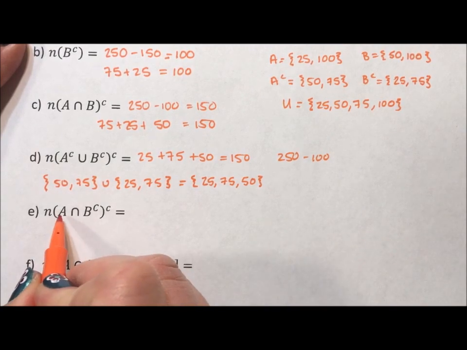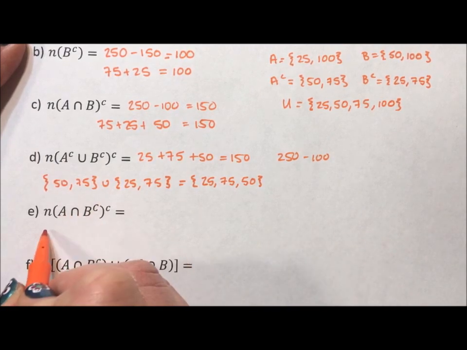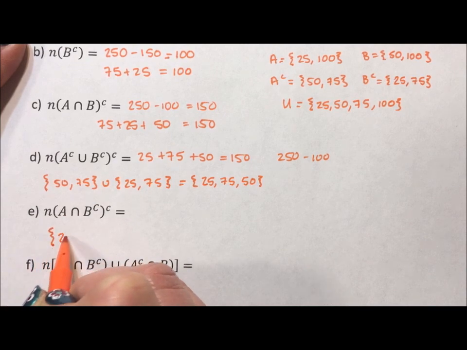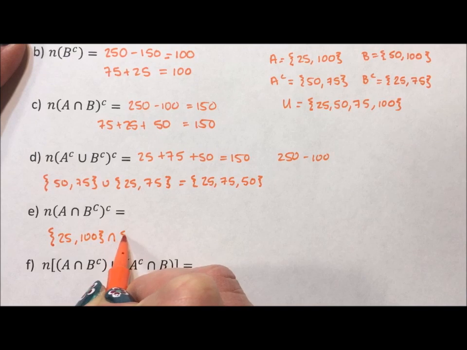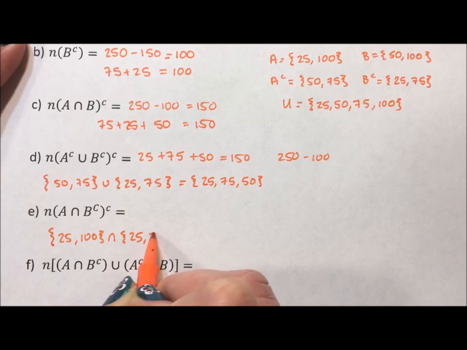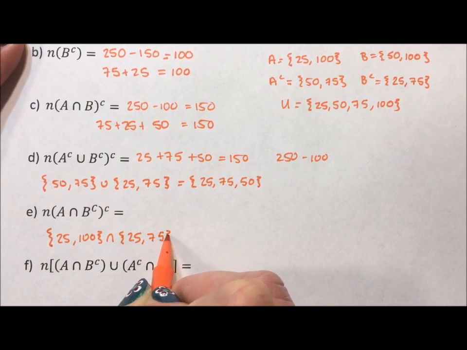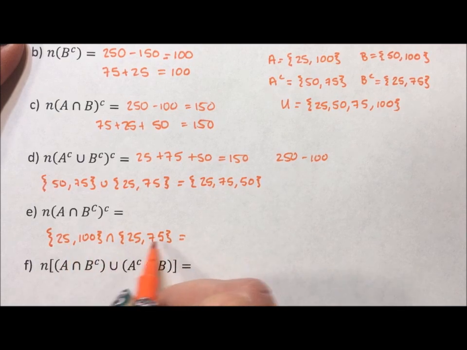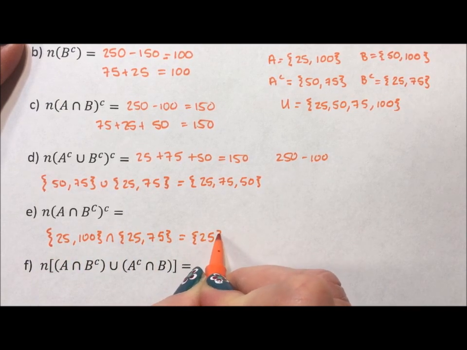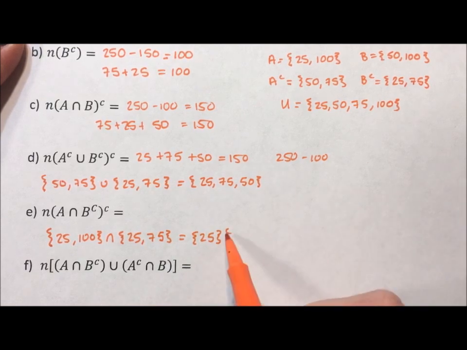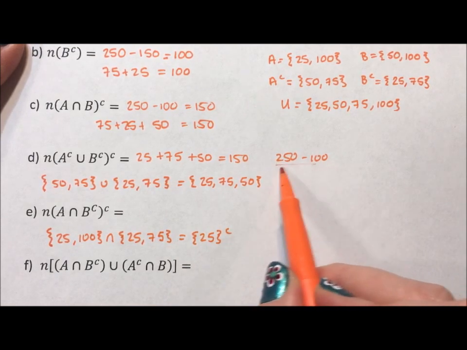Okay, A intersection B complement. So A is the 25, 100. B complement is 25, 75. The intersection of these are what they have in common. So what they have in common is 25. But I want the complement of that. Now, with the complement, it might be really simple to think of it this way.